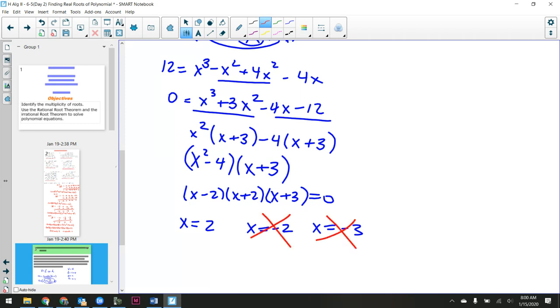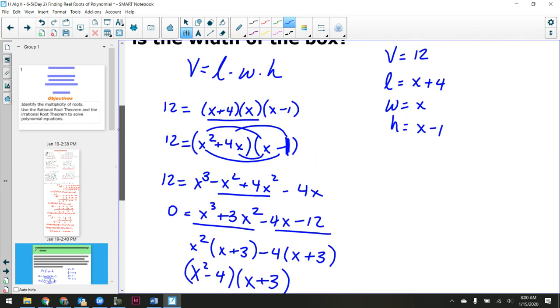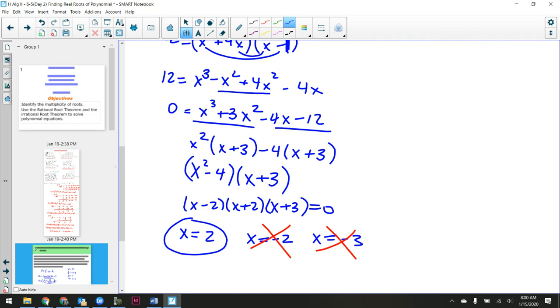So the only possible width to make this true, to fit the parameters, is 2 inches. That would be the width. And we could find the length and the height, 6 and 1.